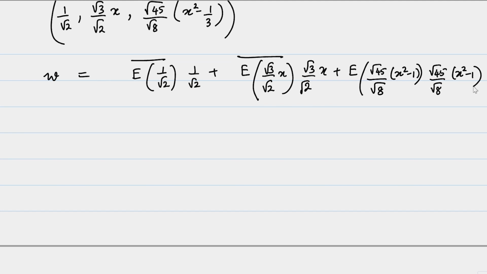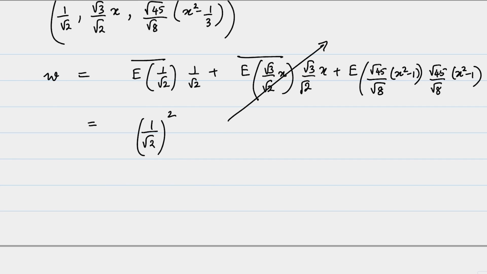Okay, so what is E? E is just the evaluation functional. So 1 by root 2 evaluated at 0 will give you back 1 by root 2. And the conjugate of a real number is the same. So this is going to be 1 by root 2 the whole square. Root 3 by root 2 times x when evaluated at 0 is going to give us 0. So this term will just vanish.